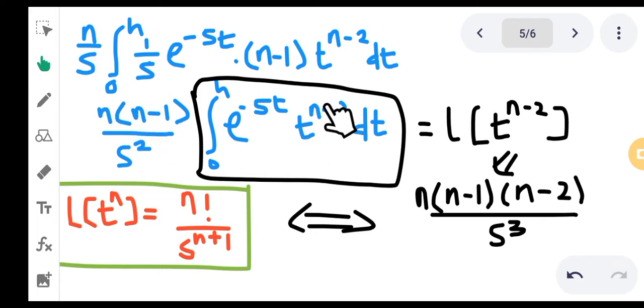So here too, when we further do this, the n minus 2 will still come out. Then the s will still come out and multiply s squared. So we are going to get n times n minus 1 times n minus 2 all over s cubed. If you try this, you are going to get this.